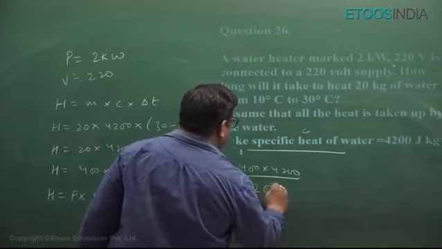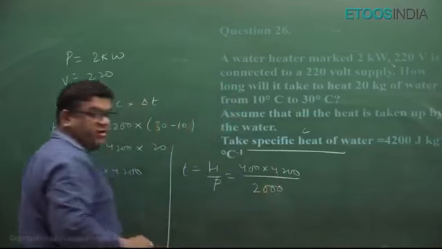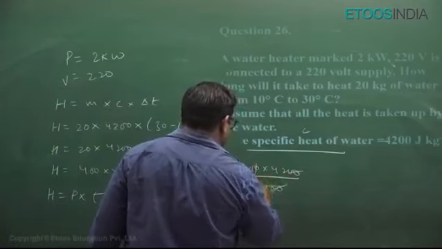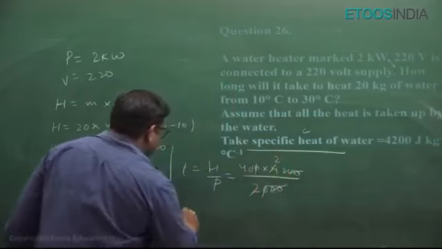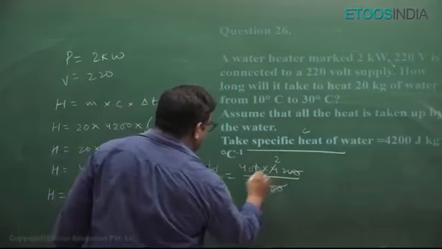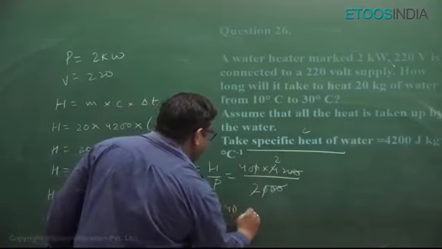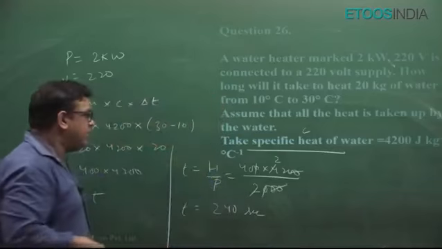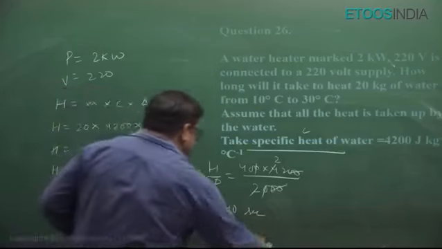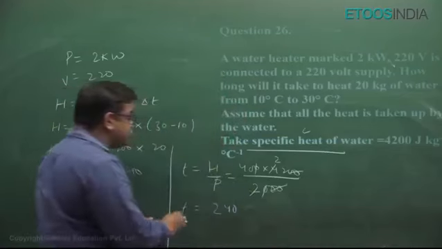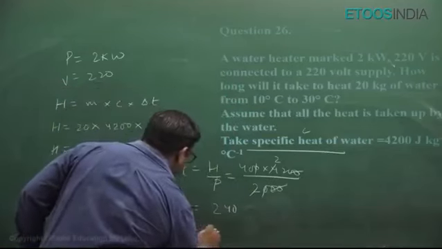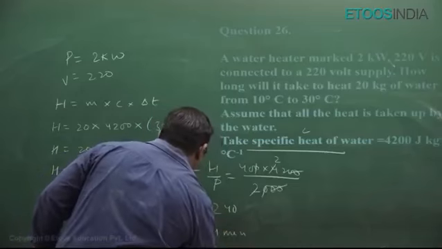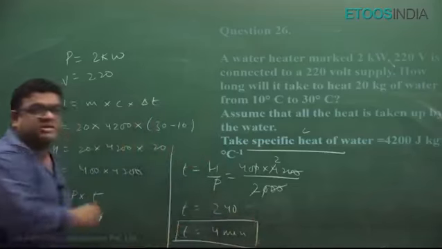So 2 kilowatts will be 2000 watts over here. So I'll solve it. T will be 840 seconds, or if I want to convert this into minutes, then it will be 14 minutes. Please note down this question till here.